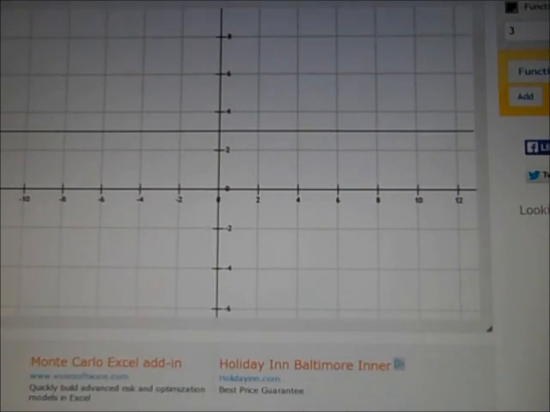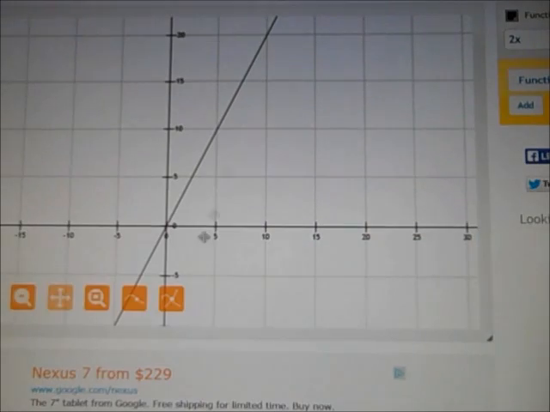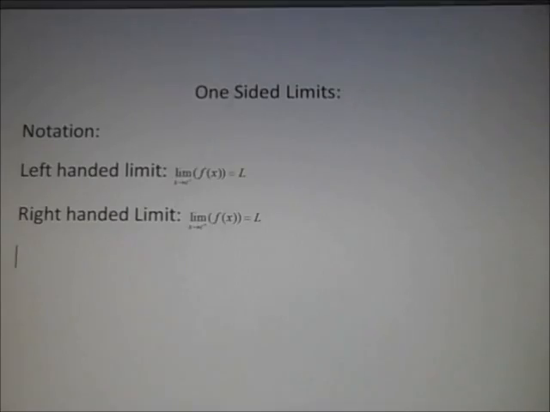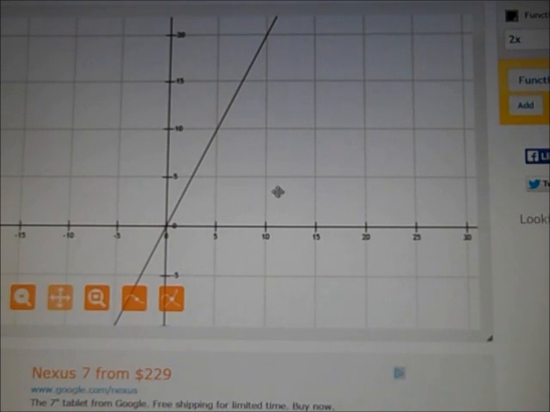The example that we're going to look at is our function 2x that we've been looking at. So here's my function, f of x equals 2x. So the first example is where f of x equals 2x. What's happening as x approaches 5 from the right? Here's the point where x equals 5, my y value here is 10.